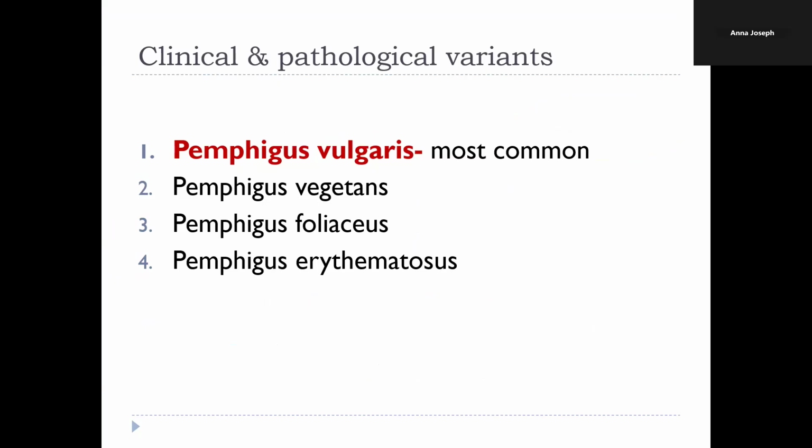There are several forms of pemphigus, but the most common and clinically significant types include pemphigus vulgaris and pemphigus foliaceus. Pemphigus vulgaris, the term denotes that this is a very common variant, and the other variants are less commonly seen.